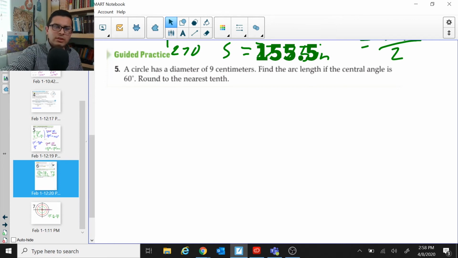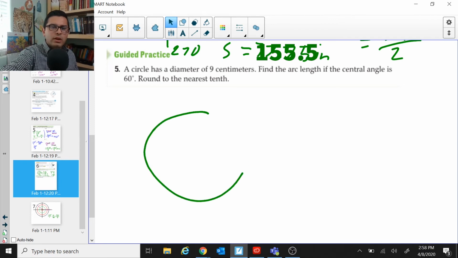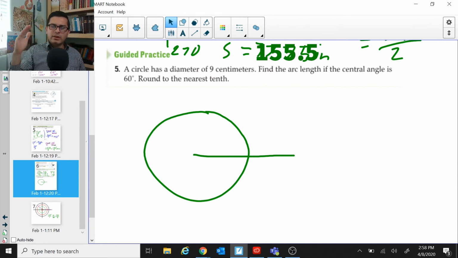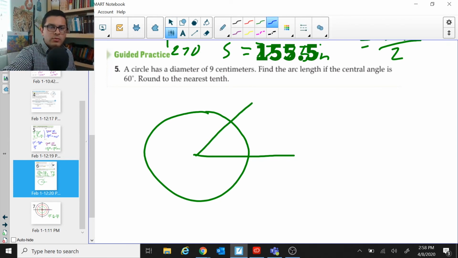So let's give this a shot. We're going to draw a circle and the central angle is going to be 60 degrees. We know a straight up and down line is going to give us 90 degrees, so 60 is going to be somewhere less than that. So we'll say there-ish. We'll mark that as 60 degrees. Now to get our arc length, we need radians.